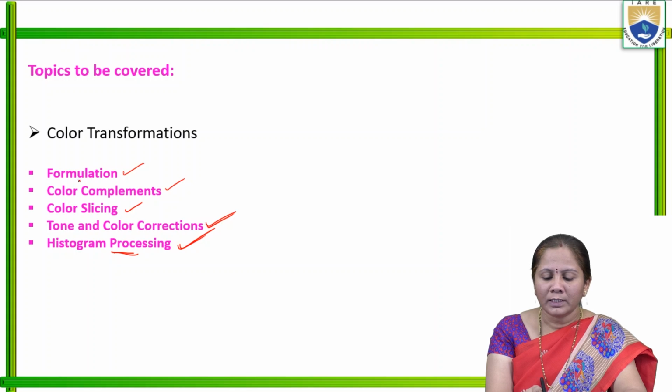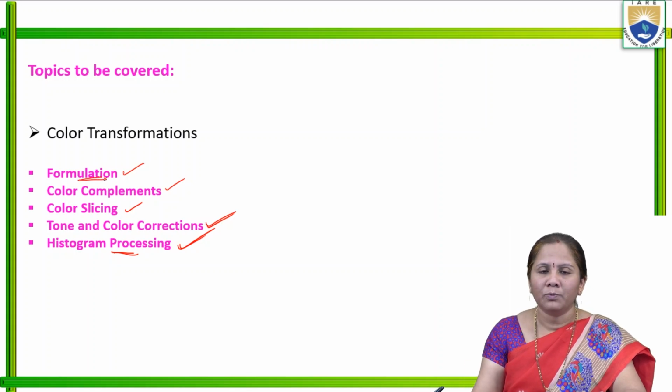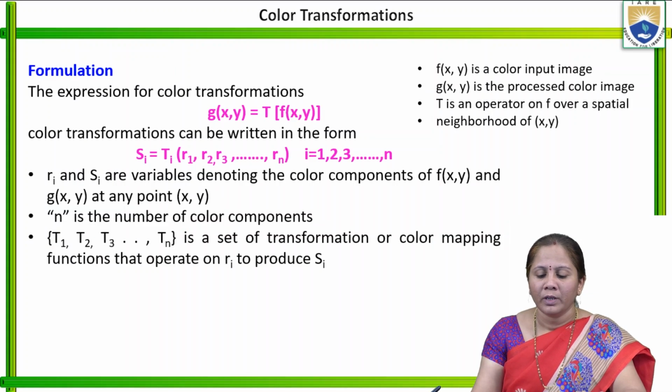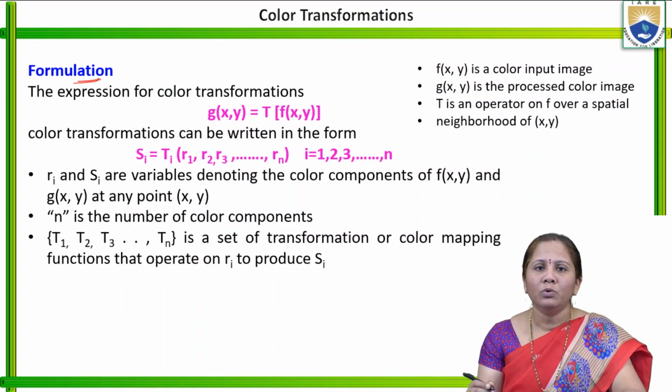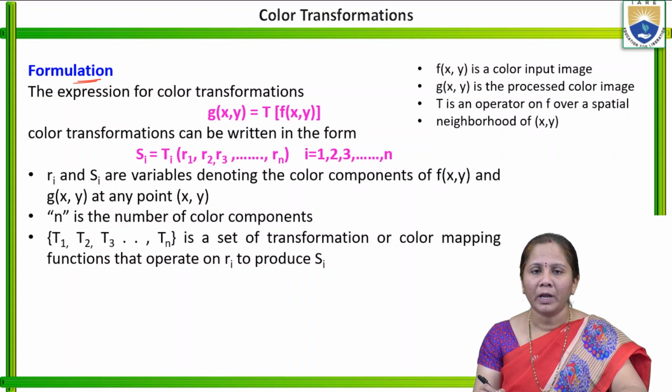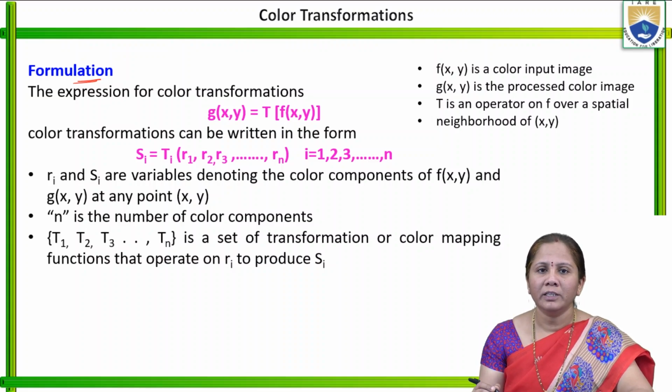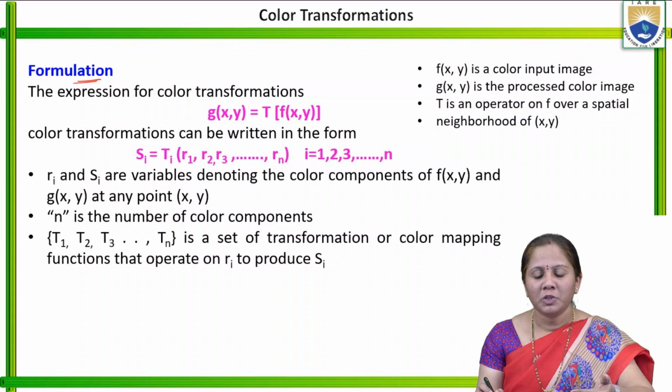Now let us discuss the first one, formulation. This formulation concept will say how to represent an image and how we can write the formula in order to perform color transformation. Generally we know some information about formulation, histogram, everything, but we learned with respect to grayscale images.